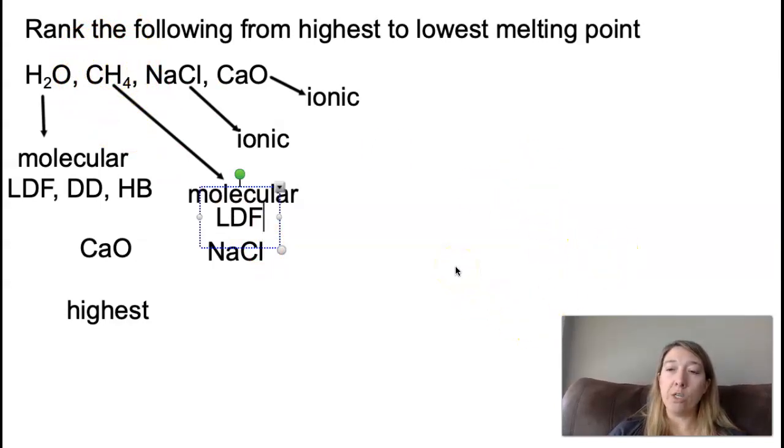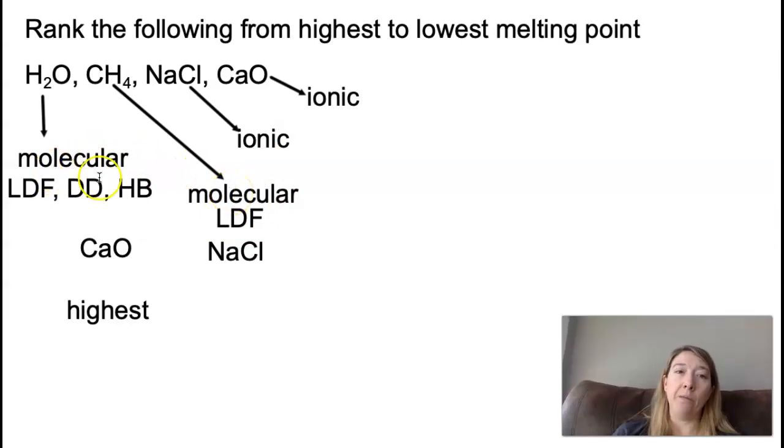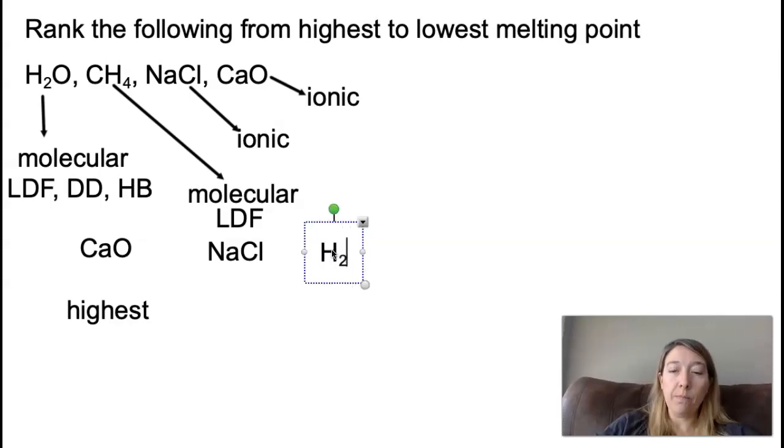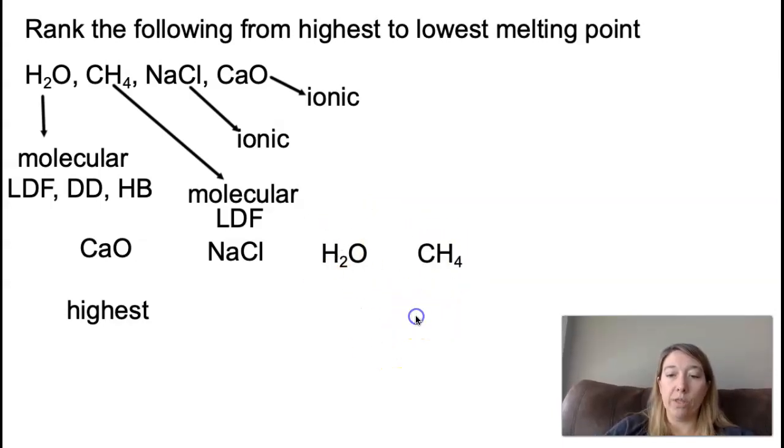Because it's tetrahedral and all the non-centrals are the same, this is a non-polar molecule, which means it only has London dispersion forces. So now if I want to rank between water and methane, water has all 3, the methane only has 1. So our water is going to come next in our list, and then it's going to be our methane with the lowest.